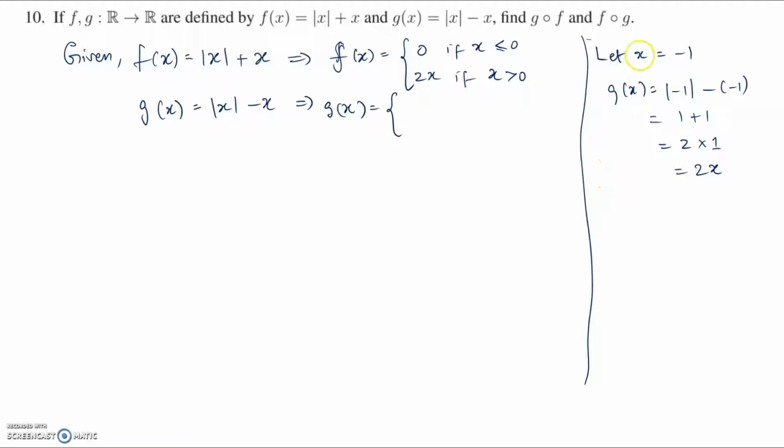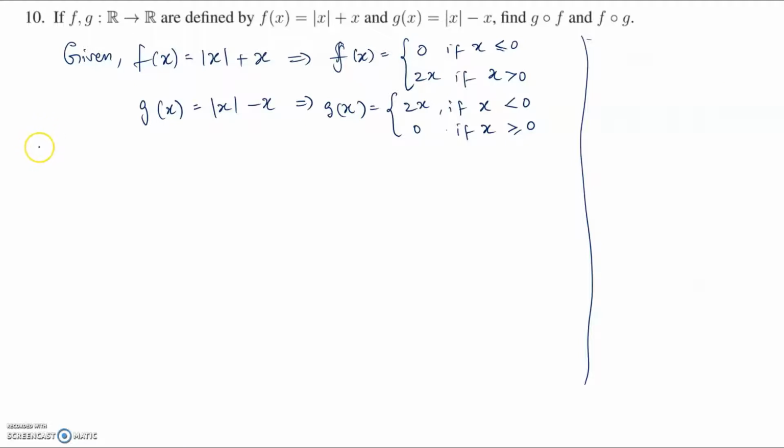And if x is equal to a positive 1, then our g of x is going to be equal to mod 1 minus 1. So that's equal to 1 minus 1, that's equal to 0. Therefore, it is 2x if x is less than 0, and it's 0 if x is greater than or equal to 0.